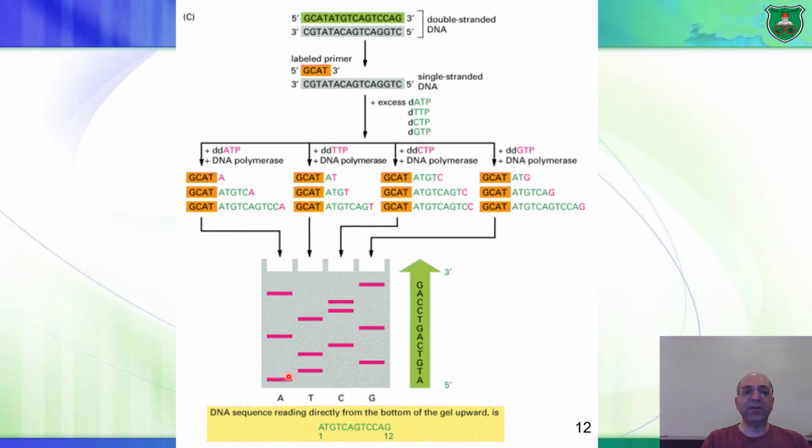Note that here we start at the 5' end because whenever the A is added, it's closer to the 5' end. Okay, so the sequence of the newly synthesized DNA would be A, T, G, T, C, A, G, T, C, C, A, G. So that's 5' end to the 3' end. So that's how we know the sequence of the DNA.